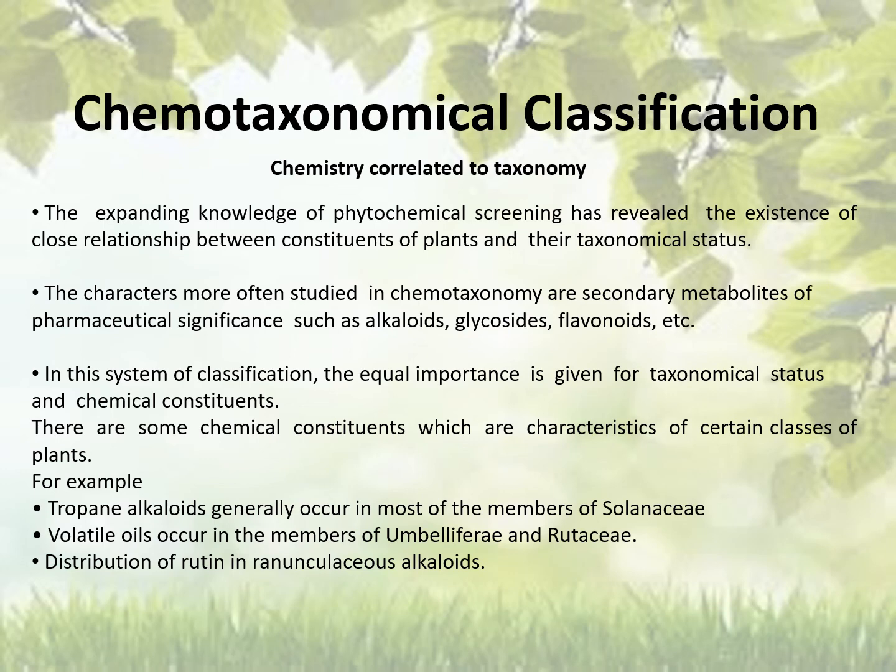Chemotaxonomical classification is chemistry correlated to taxonomy. This classification is based on the chemical similarity of a taxon, meaning it is based on the existence of a relationship between chemical constituents in various plants.